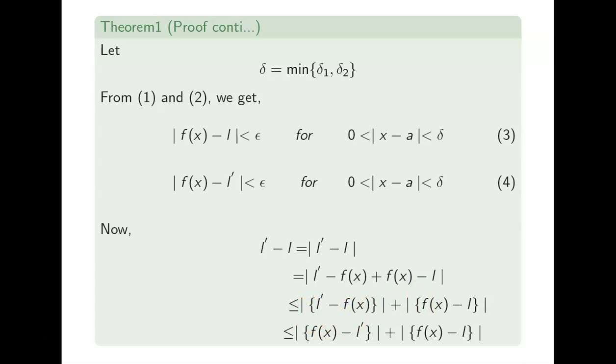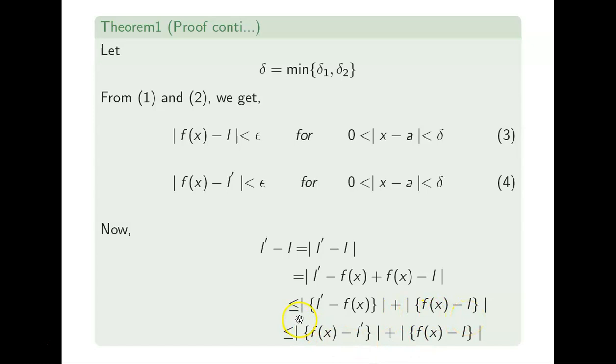If you remember the triangle inequality for absolute values, we say that |a + b| is always less than or equal to |a| + |b|. So, considering this value as a and this value as b, |(L' - f(x)) + (f(x) - L)| by the triangle inequality is less than or equal to |L' - f(x)| + |f(x) - L|.